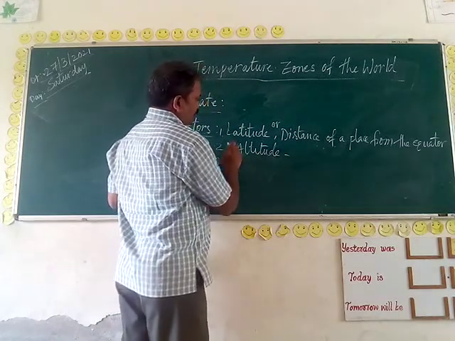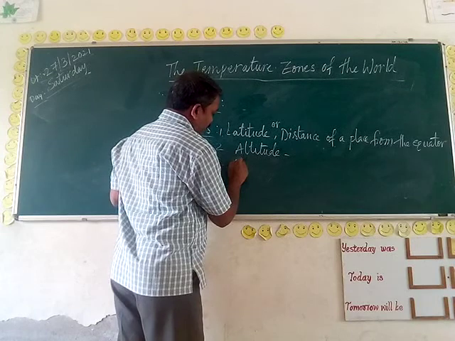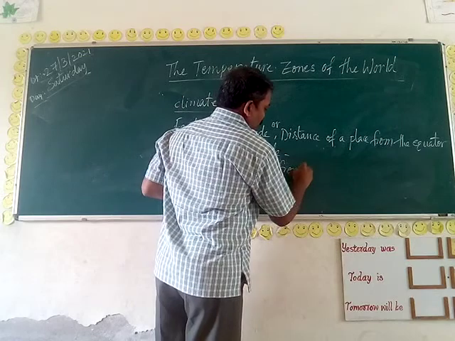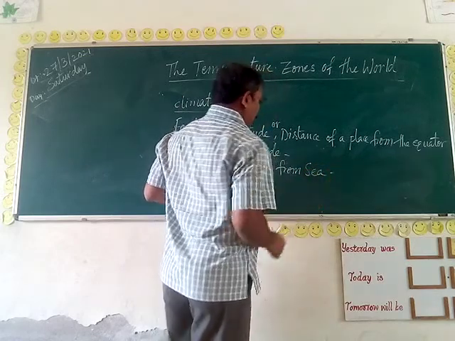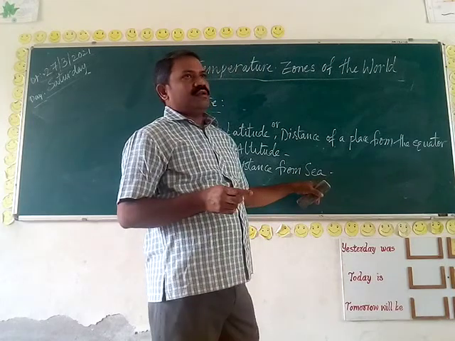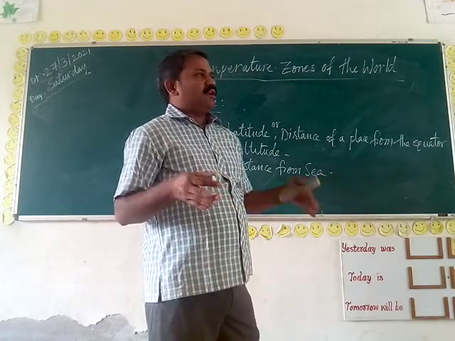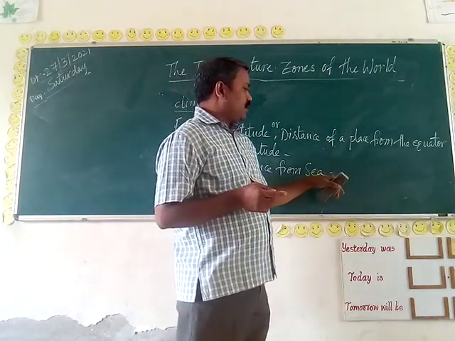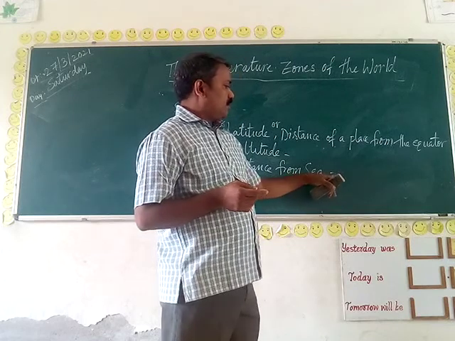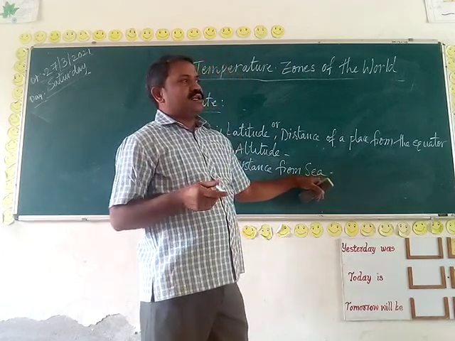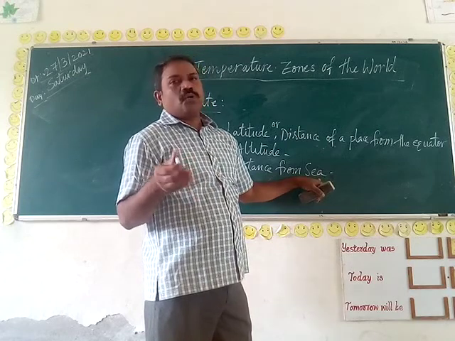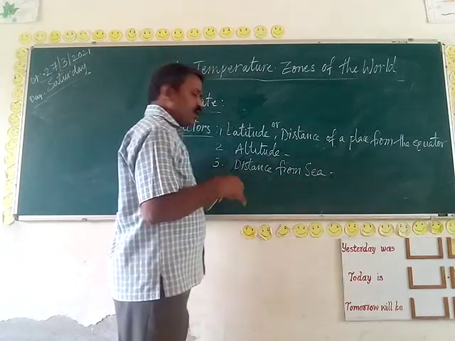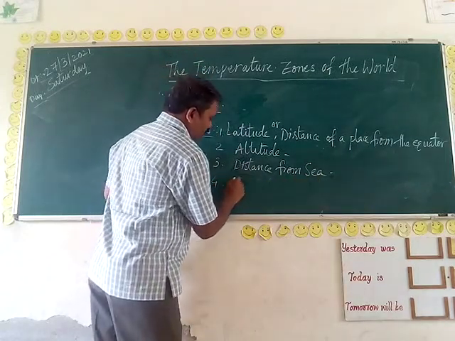Third one, distance from the sea. Those who are near the sea, in summer they have cool temperature and in winter they have warm temperature. Moderate climate.